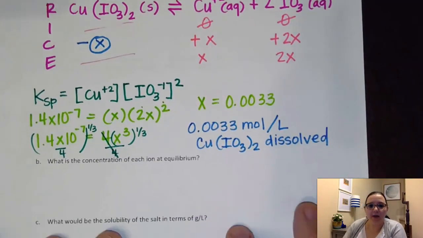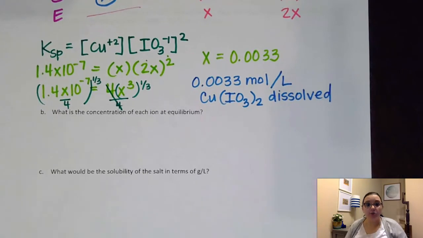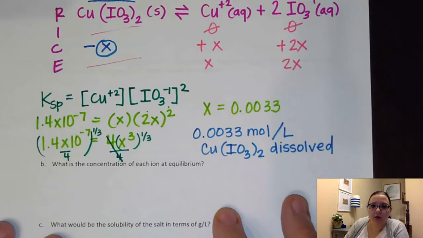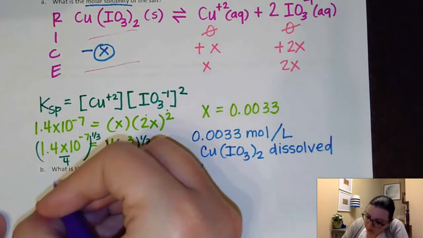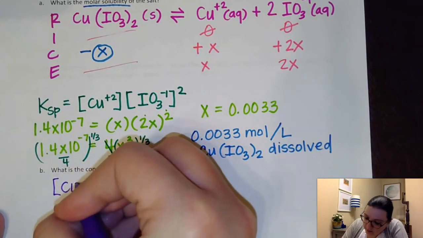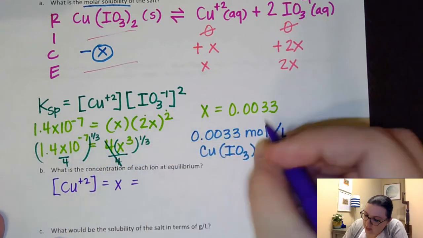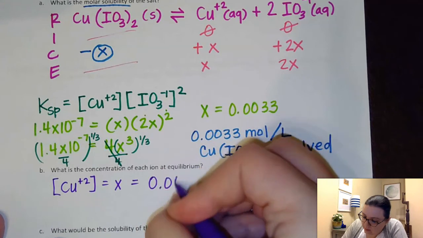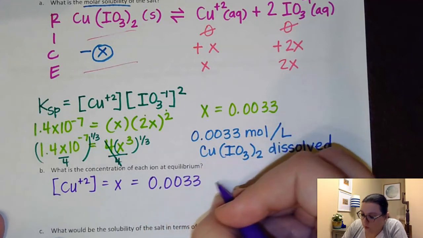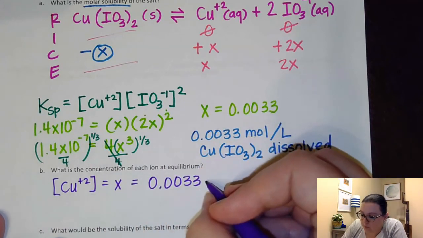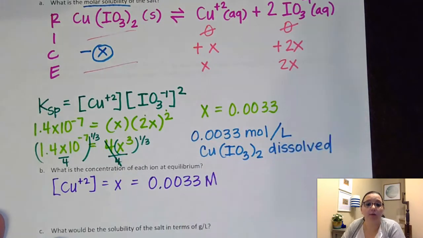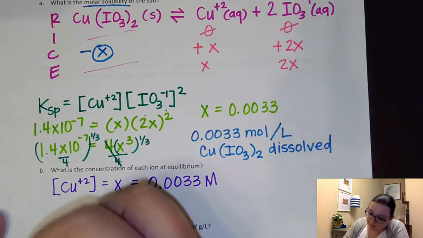Okay, now the next part of the question asks, what is the concentration of each ion at equilibrium? Well, I know that copper concentration is equal to x. We just figured out that x is 0.0033 molarity, or moles per liter. You could write it as moles per liter, or you can write it as molarity, totally up to you which unit you want to use. So there's my concentration of copper.